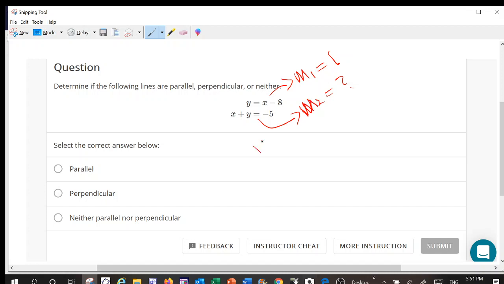Okay, so y equals negative x minus 5. Looks like m2 is negative 1. Now, these are perpendicular because 1 times negative 1 is negative 1. Or you can say the reciprocal of 1 is just 1, and then multiply by negative, you get negative 1. So these are perpendicular.